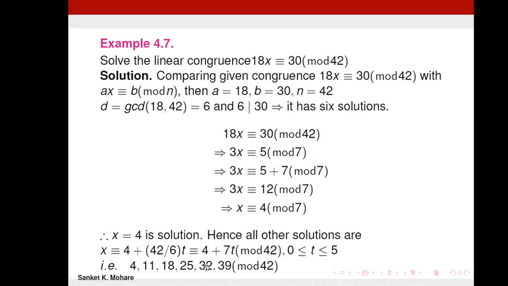Similarly, if I put another value t equals 7, so here I get 53, and 53 modulo 42 is equal to 11. So 53 is congruent to 11. Similarly, for t equals 8, I get a solution congruent to 18. That's why all possible incongruent solutions are these. So therefore these are incongruent solutions, and incongruent solutions are obtained for value of t lies in between 0 to d minus 1, where d is GCD of a comma n.